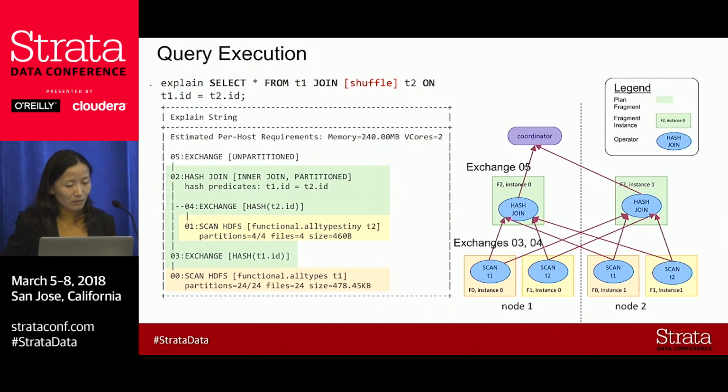The data will flow from bottom to the top, to the root, until it reaches the coordinator, which has the final merged result, then sends it back to the client.